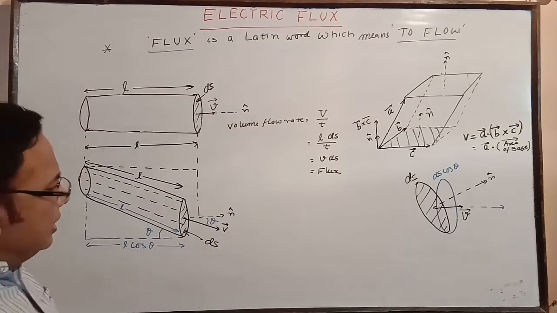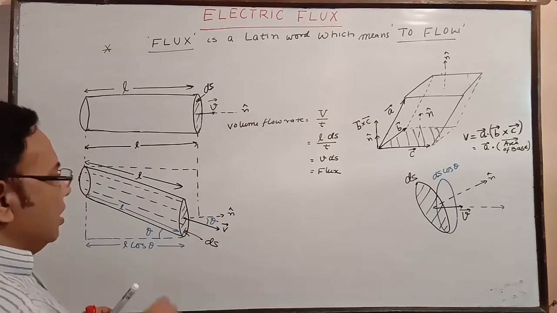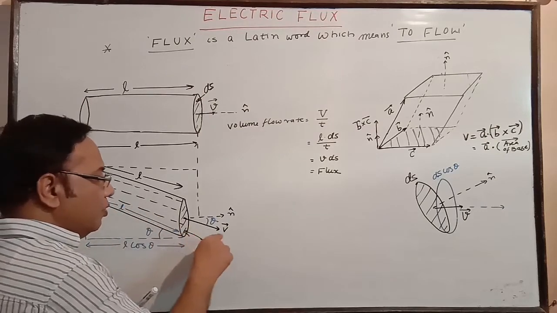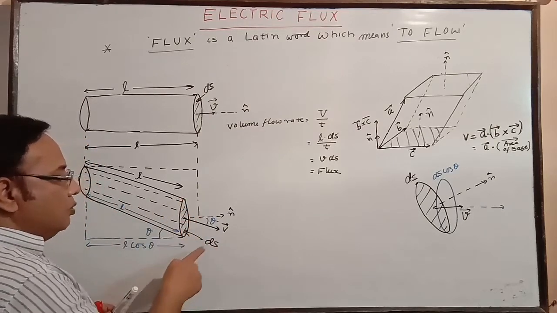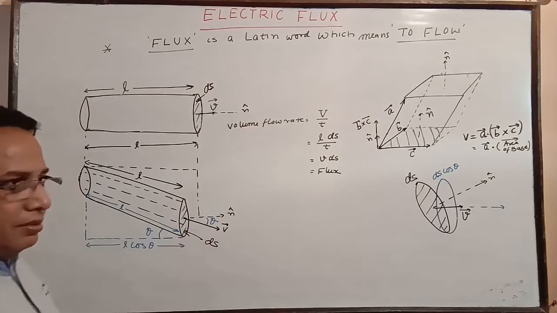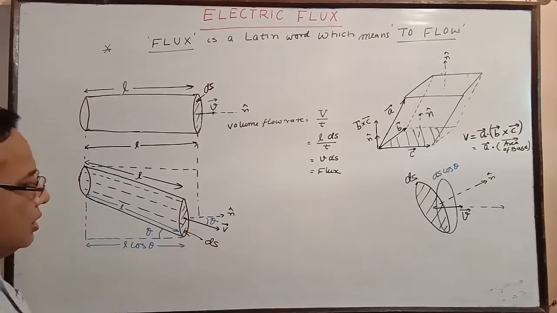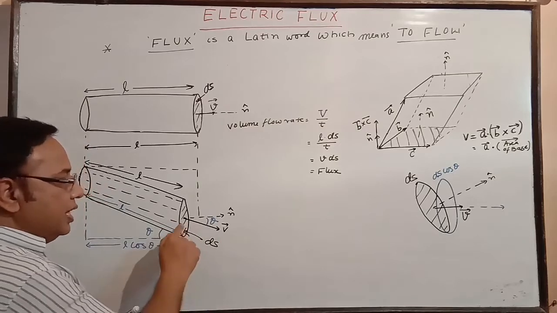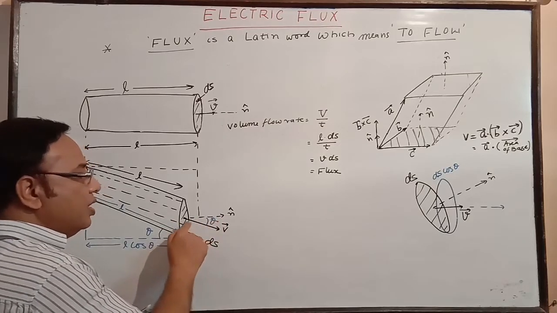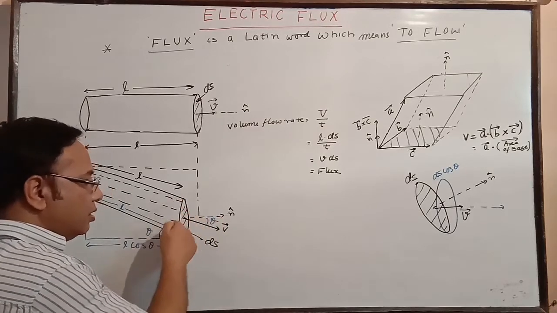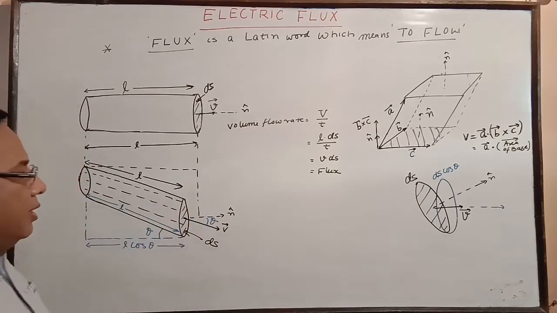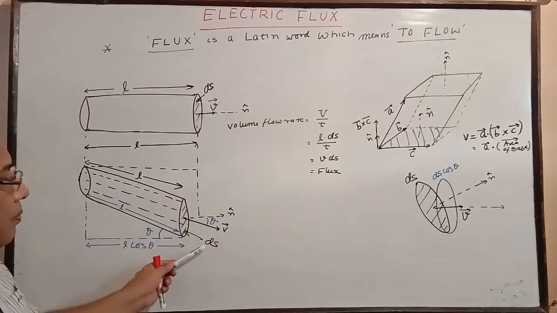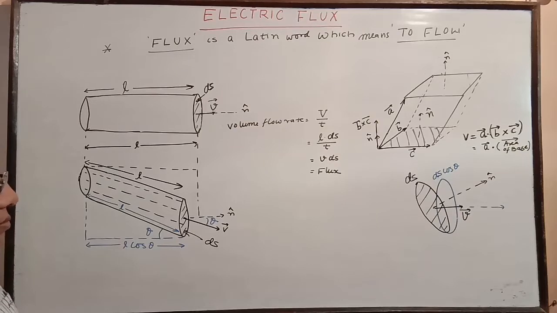But the second case arises when the velocity of flow is not perpendicular to the area. Or you can say the direction of velocity makes an angle theta with the perpendicular to the given planar area ds.